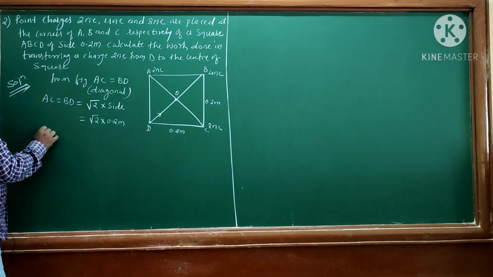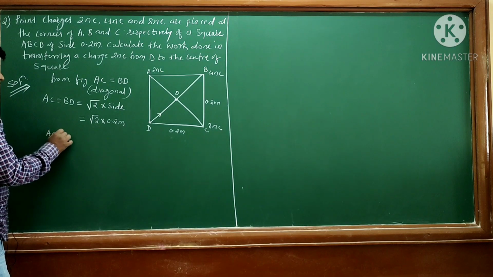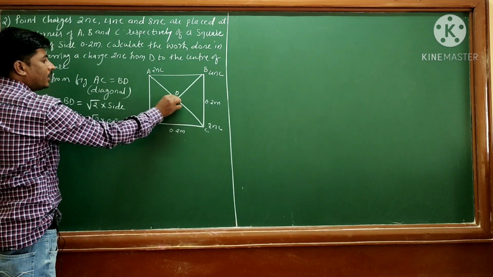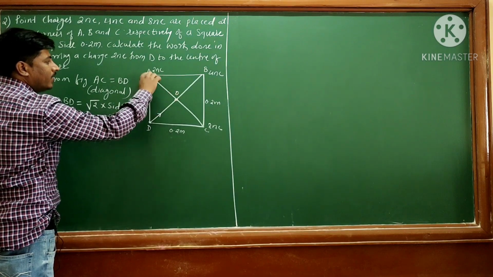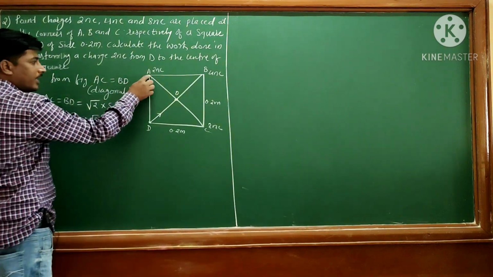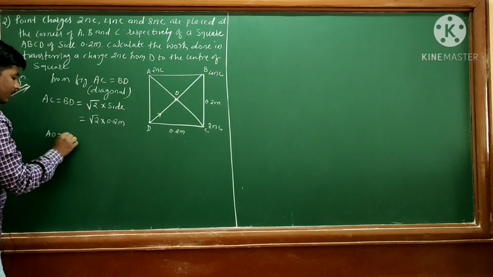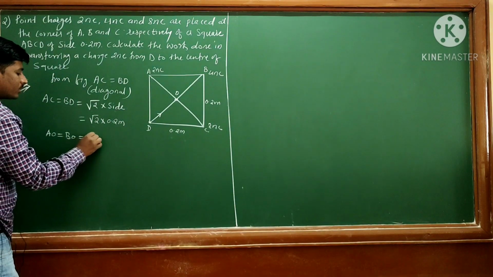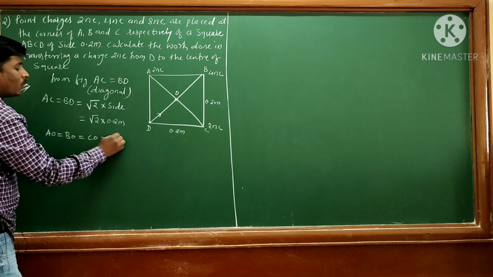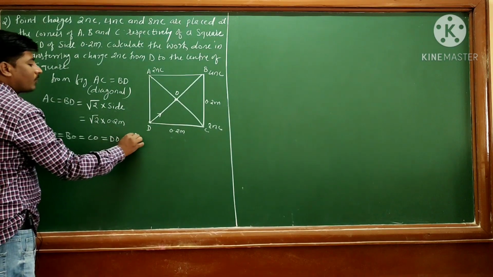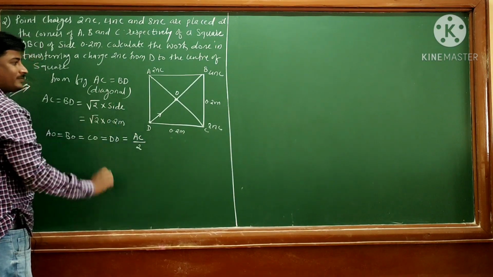Now, because we have to find the potential at O, we must find the distance AO. This AO, which is equal to BO, CO and DO, is exactly half of the diagonal.